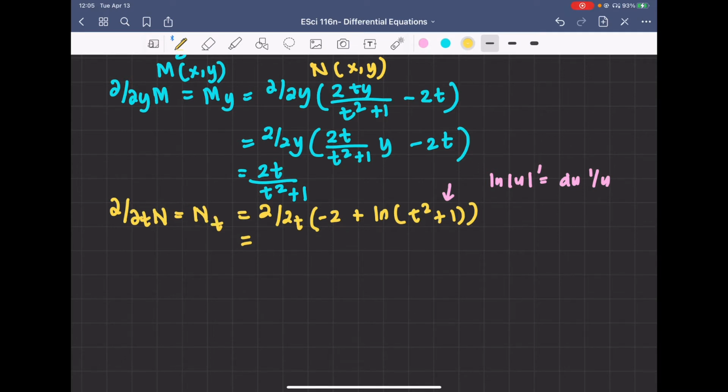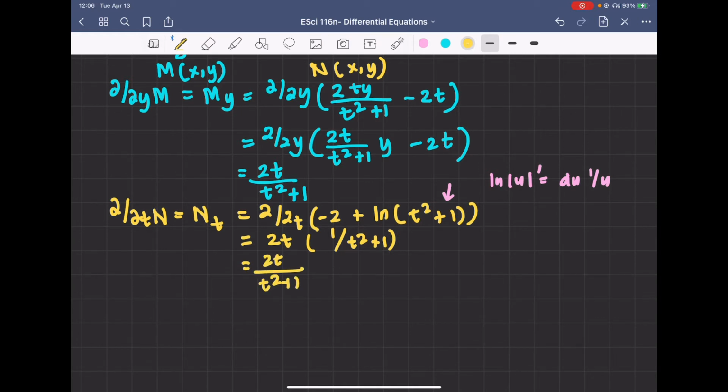The derivative of t squared plus 1 with respect to t is 2t, and that's times 1 over t squared plus 1. Therefore, this is 2t over t squared plus 1.